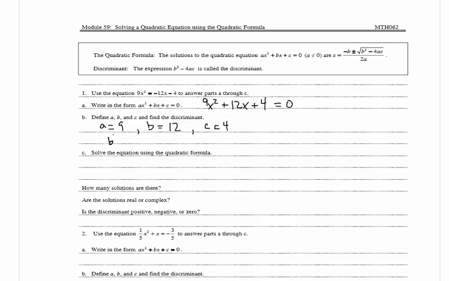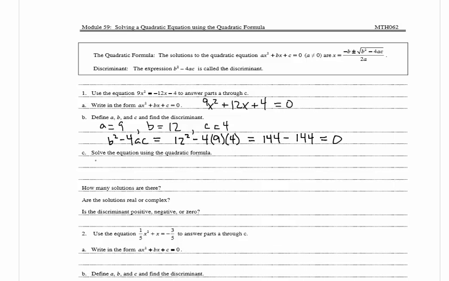So b squared minus 4ac is equal to 12 squared minus 4 times 9 times 4, which is equal to 144 minus 4 times 9 is 36 times 4 is 144. So we have 144 minus 144, which is equal to 0.